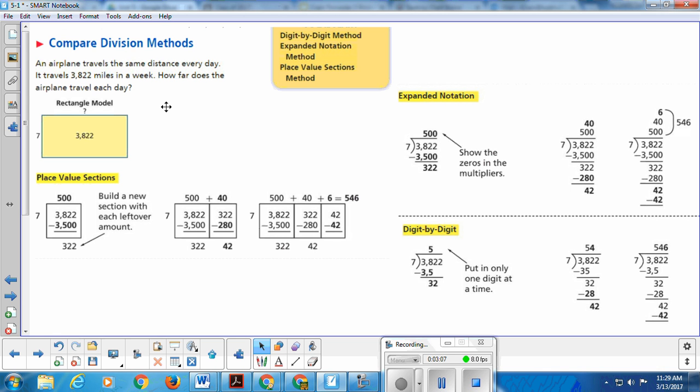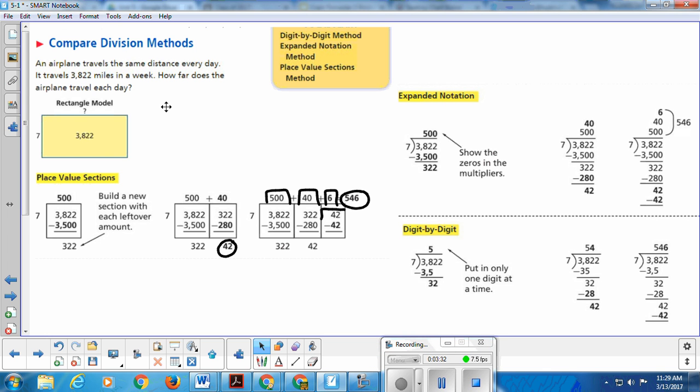That's too much. So I'm going to go down 1 to 40, which is 280. I'm going to subtract. Then I'm going to create a new section. 42 divided by 7 is 6.